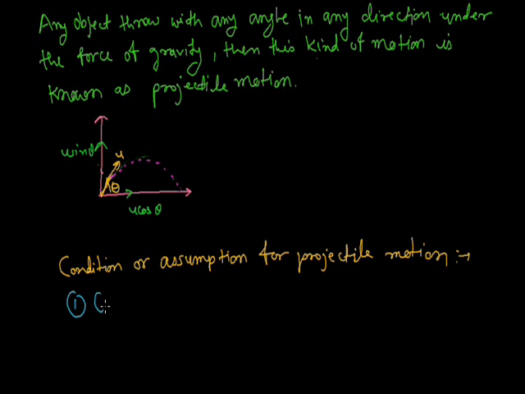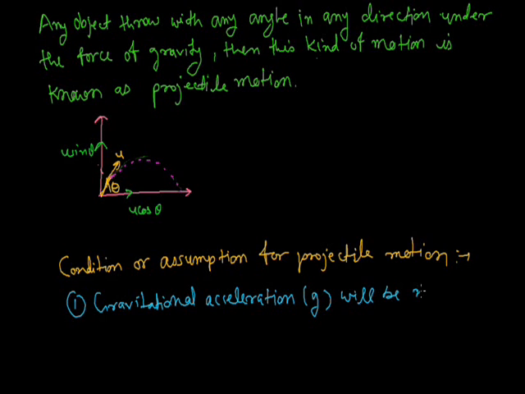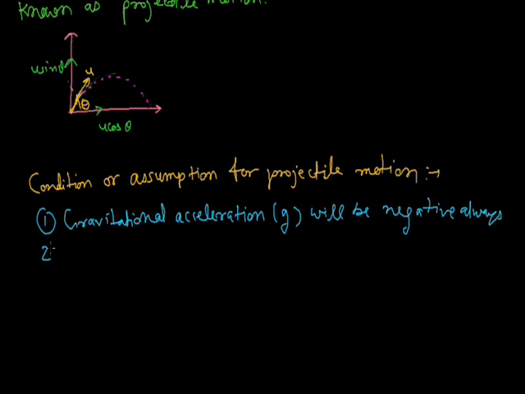First, gravitational acceleration, small g, will always be negative, and air resistance will be negligible, or neglected.